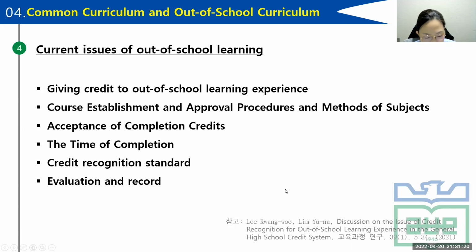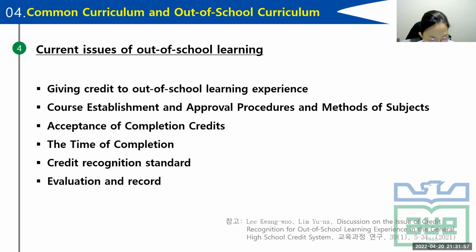First, issues concerning whether out-of-school learning is appropriate for granting credits. And second, issues concerning procedure and method for certification of course establishment. And third, issues concerning approving the completion of the course.